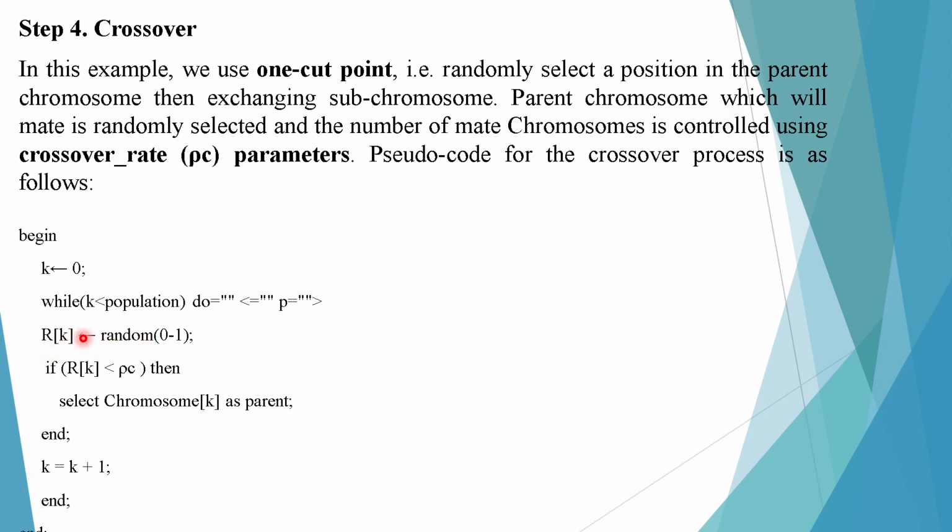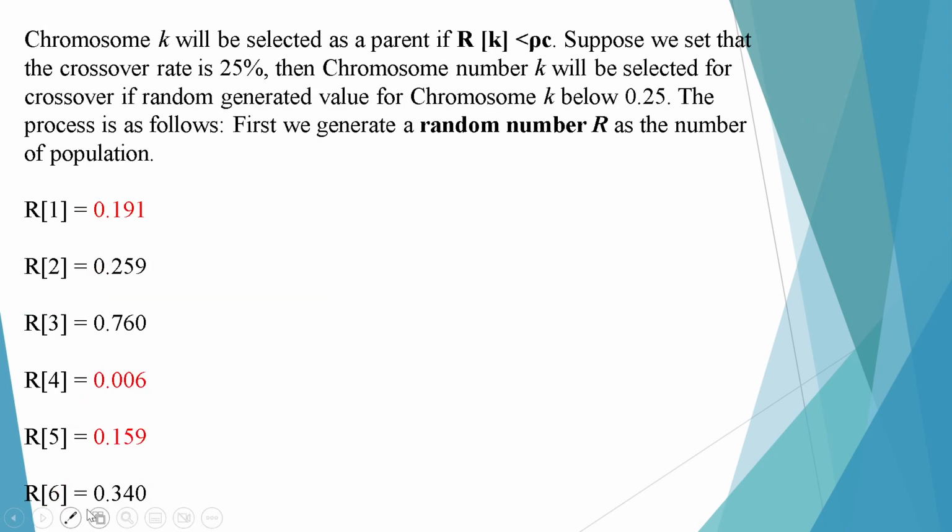In the RK here, we generate the random number for RK, and if the random number of K is less than the crossover rate, then we select chromosome K as parent. And then we increase K until K equals 6.